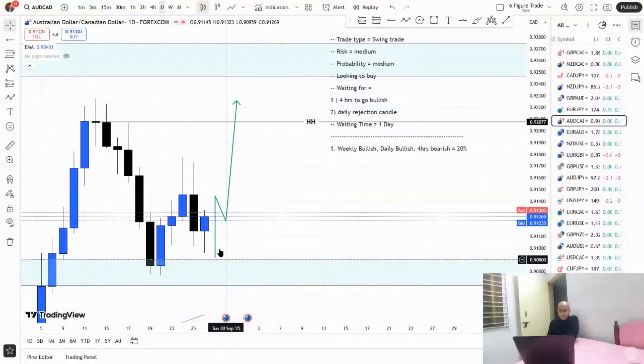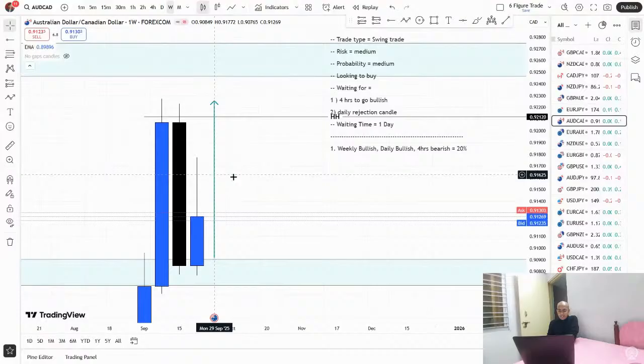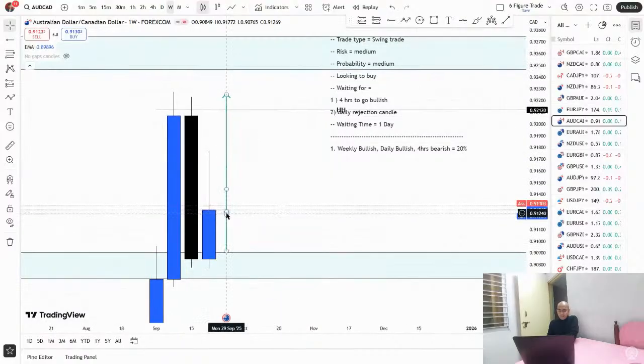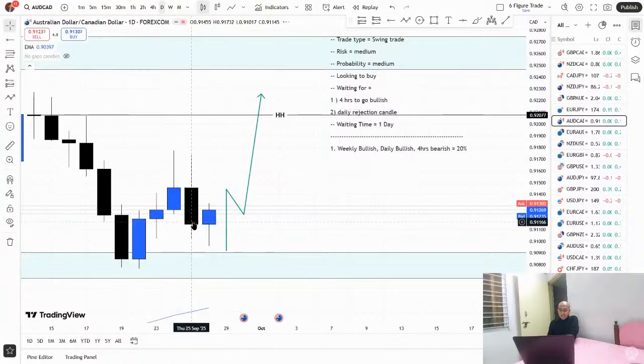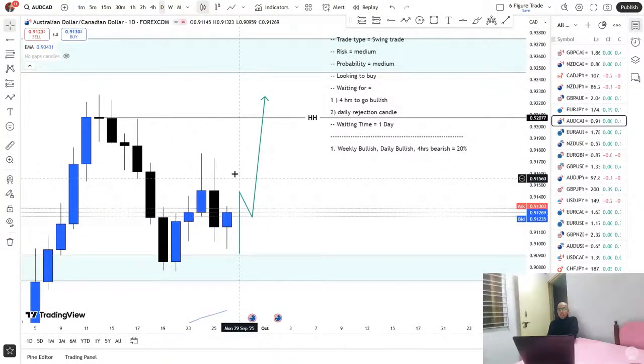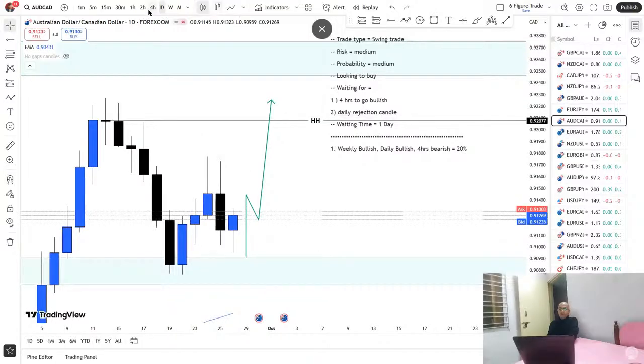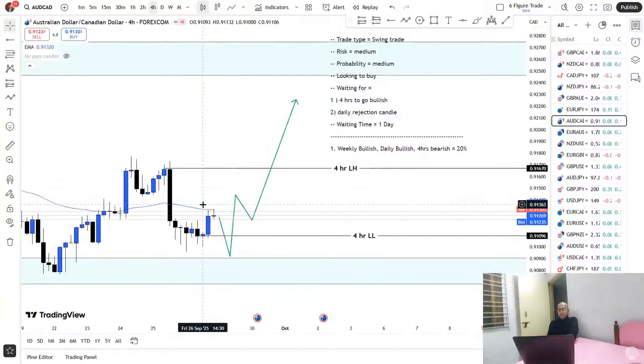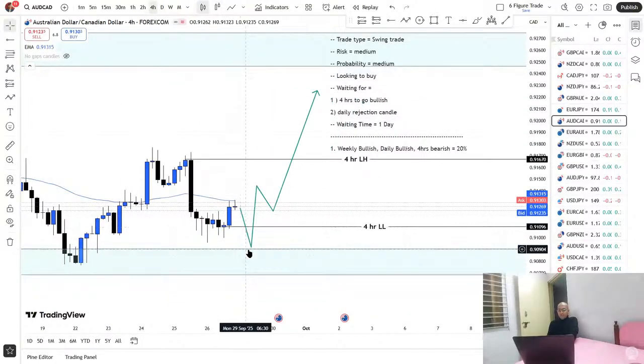It is not going to push this down, because if it is pushing down, the weekly candle will look so weird. The open is here, the wick is here, and then, nah, it doesn't look good. But it has created a potential higher low to push up.